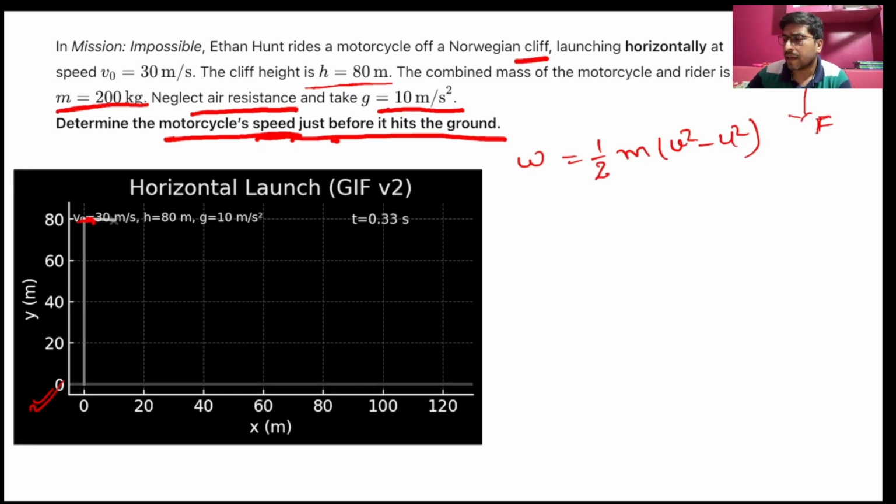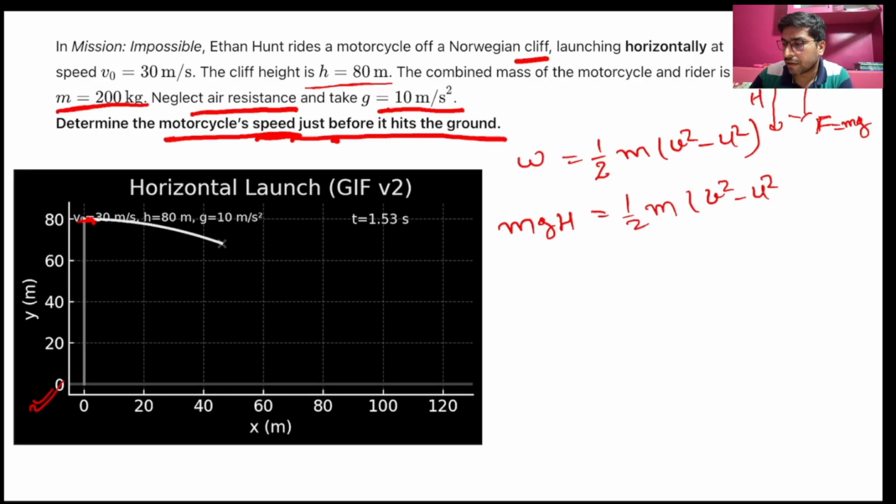So force is downward, how much? mg, and displacement will also be how much? h, in the direction of force. So total work done will be mgh, equal to half m (v square minus u square), right? m will get cancelled out. g is given as how much? 10, and height is given as how much?